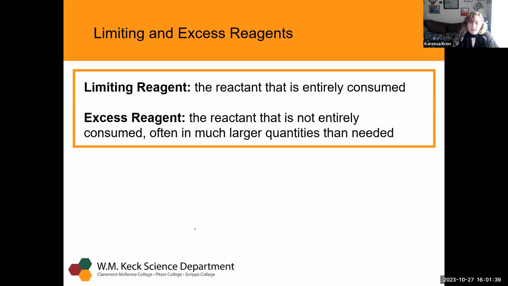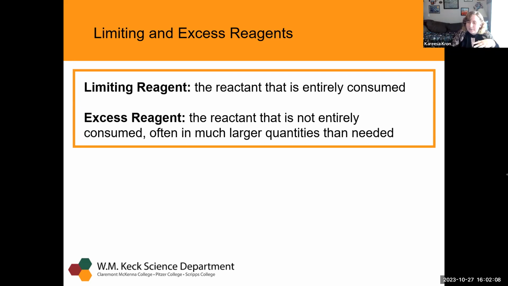So if you're doing a reaction on your benchtop in an open beaker, and that reaction requires the use of oxygen interacting with whatever's in the beaker, chances are, because it's interacting with the oxygen, oxygen is going to be there in as high a quantity as we need. On the other hand, a limiting reagent is the reactant that's entirely consumed, and it's what's keeping us from making more. So it's the thing that we run out of.